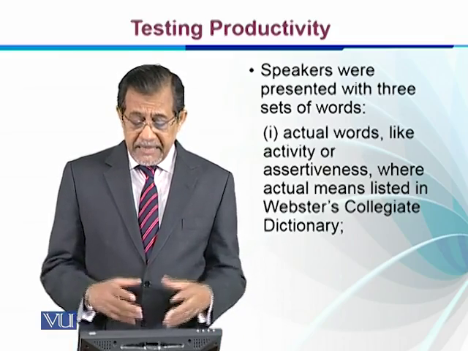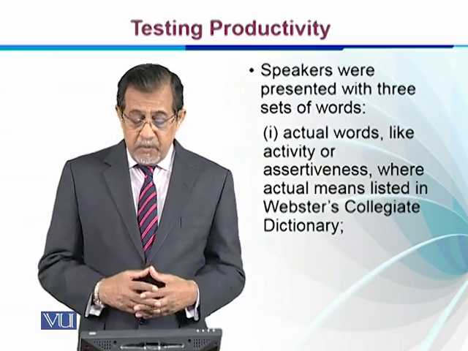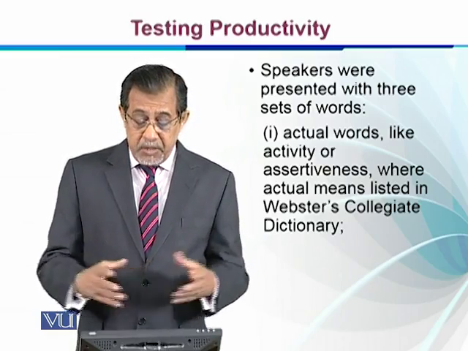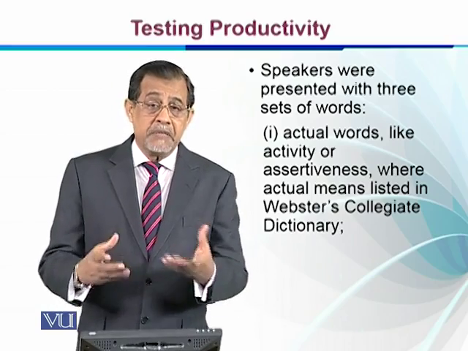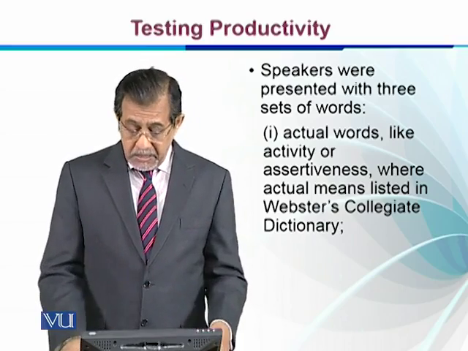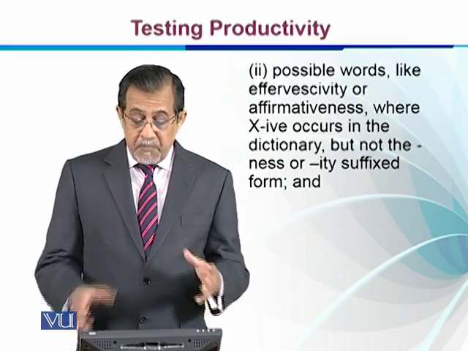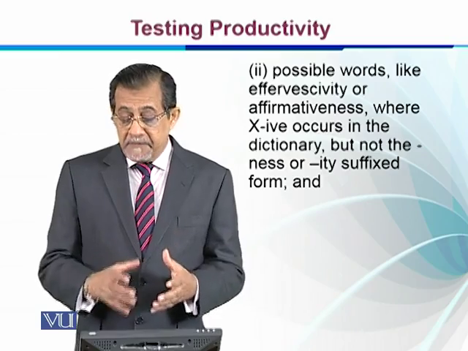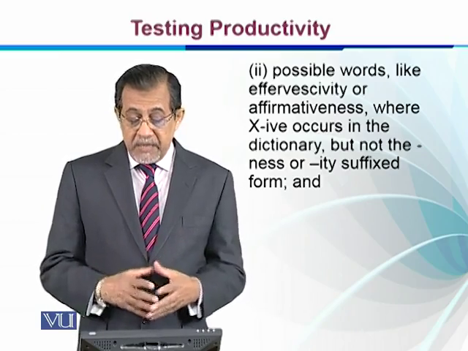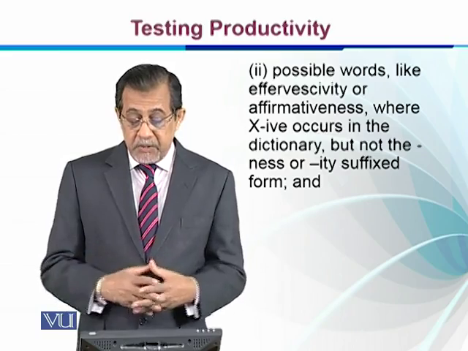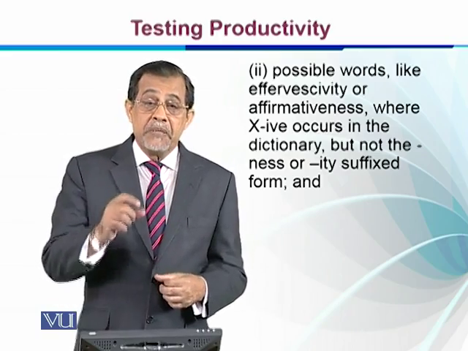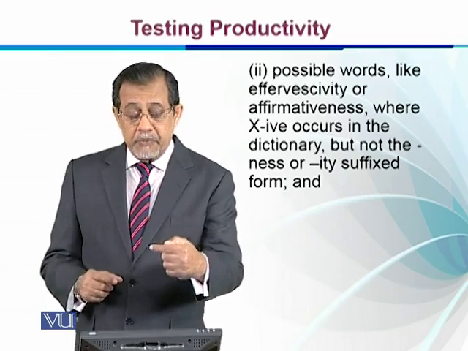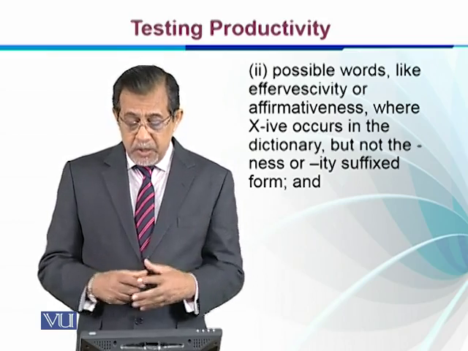Actual words like activity or assertiveness, where actual means listed in the Webster's collegiate dictionary. Their meaning was given in the dictionaries. These are the actual words. Possible words like effervescivity or affirmativeness, where x-iv occurs in the dictionary but not the ness. So people can find a word with a ness suffix but not with an ity suffix.